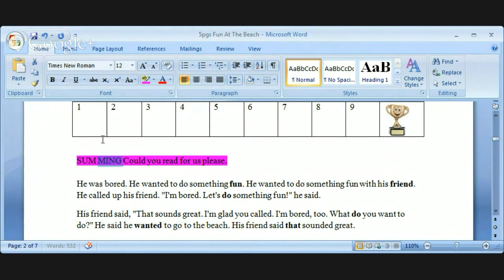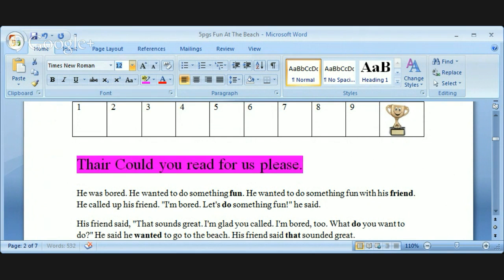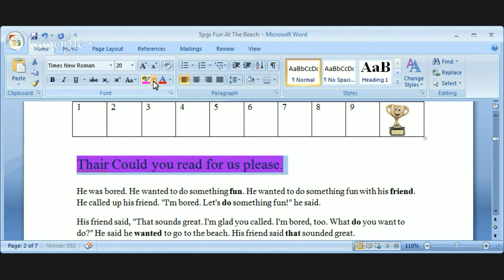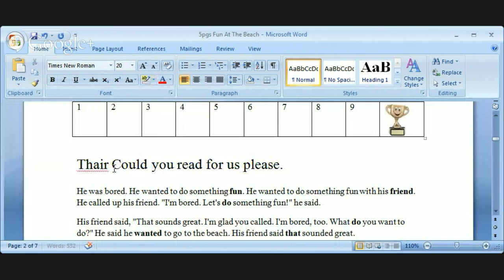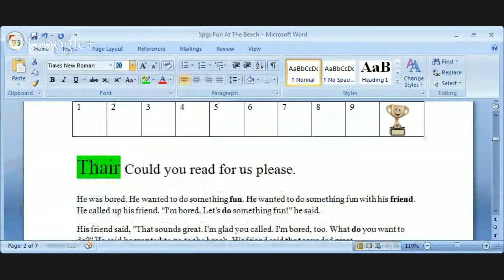So let's go with T. Could you read for us, please? Could you unmute your microphone and read for us, please?